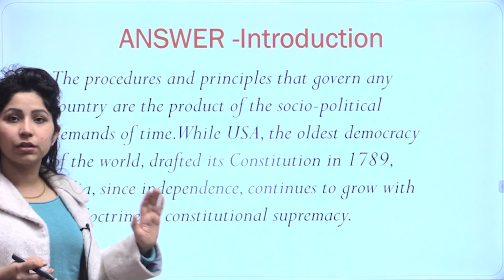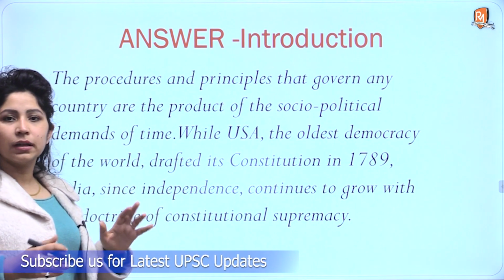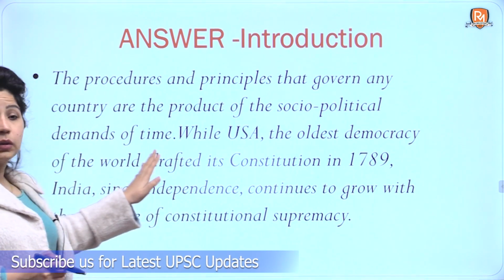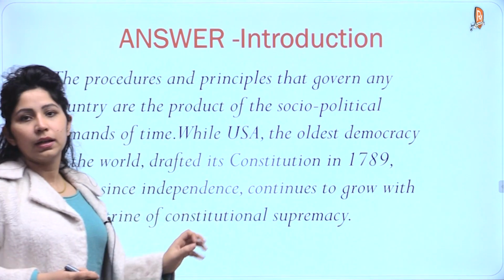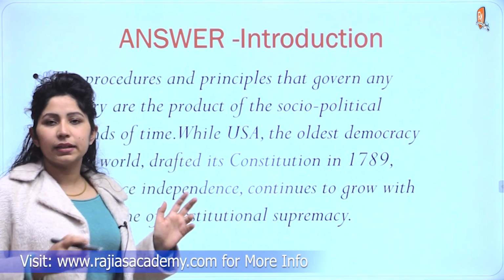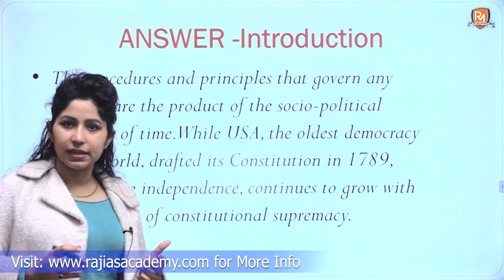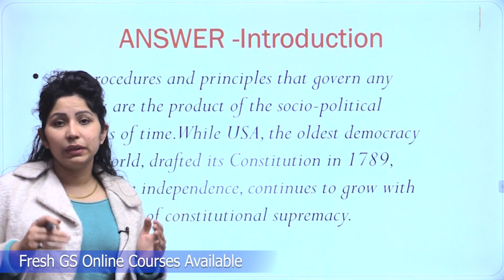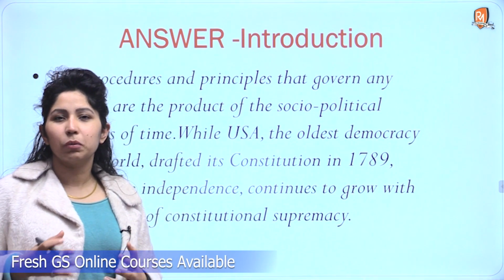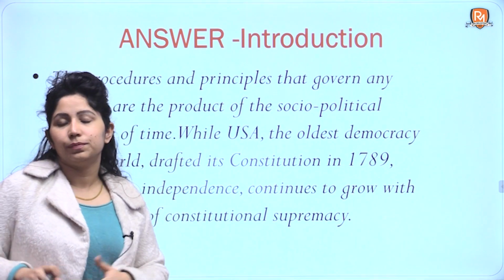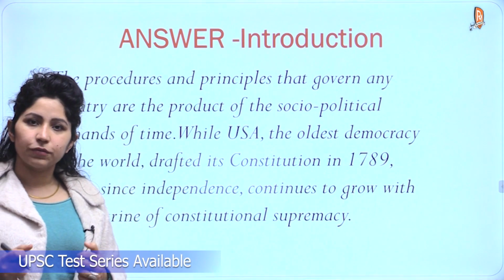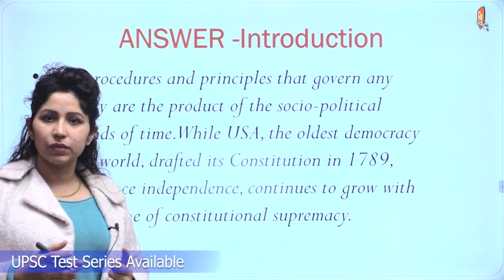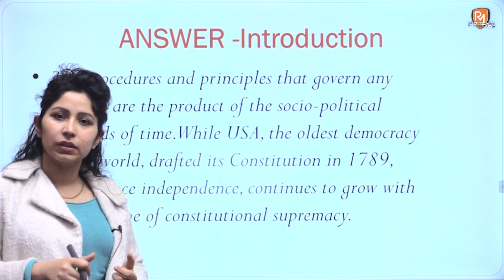So in the first part of the second line, we have written USA, the oldest democracy. The question already says that India and USA are the two largest democracies. So just make sure that you don't use the term largest democracy more and more times. Hold yourself from using that particular term which has already been put in the question.